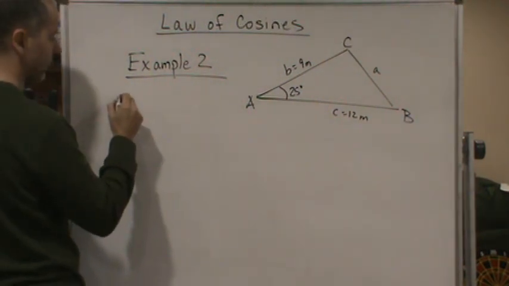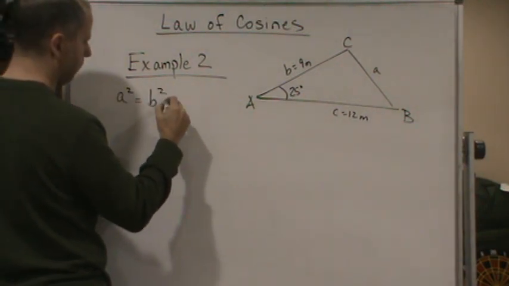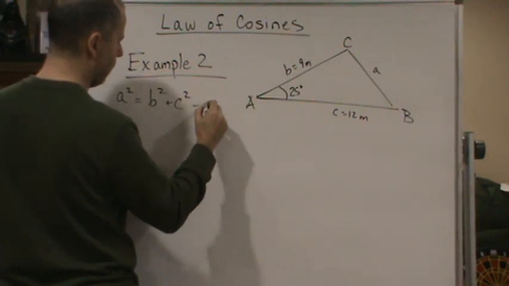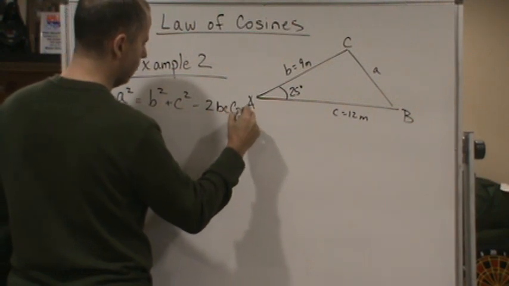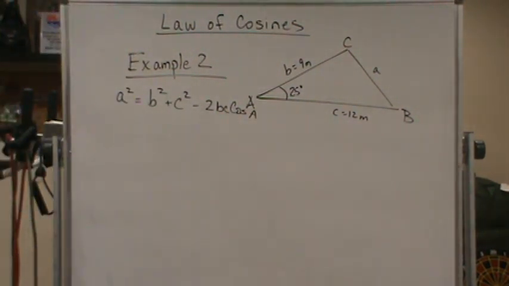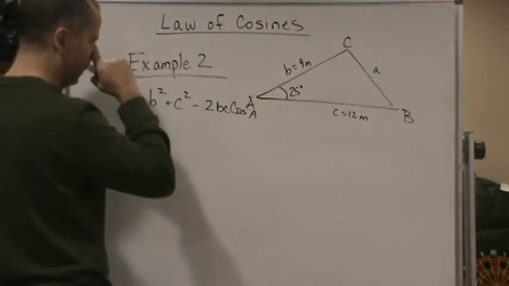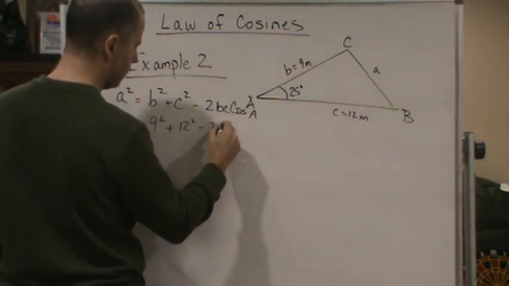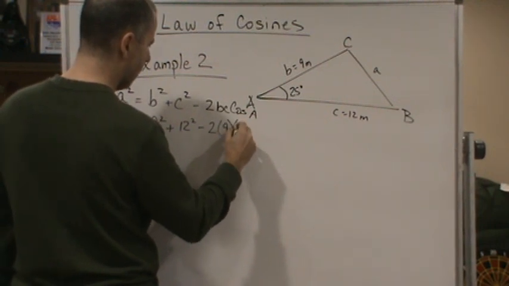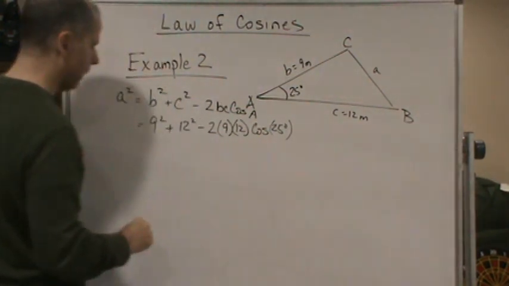So we're going to get A squared is equal to B squared plus C squared minus 2BC cosine A, right? So there's the standard form. And now we're going to plug in the values that we know. We know B and C, and we know the included angle A. And so now it's going to be 9 squared plus 12 squared minus 2 times 9 times 12 cosine of 25 degrees.